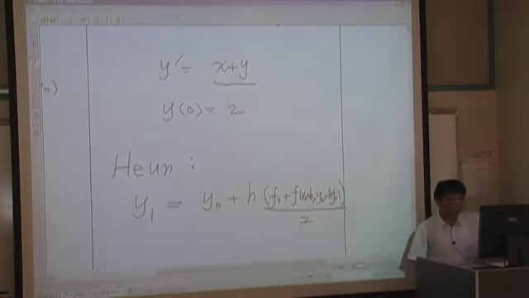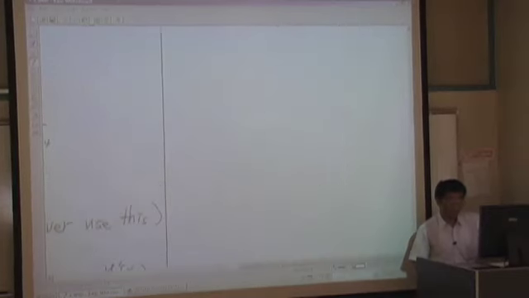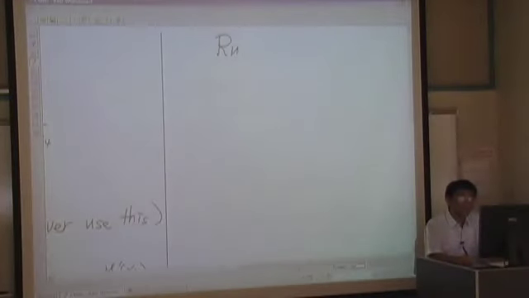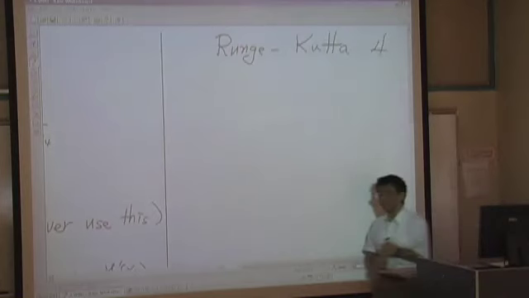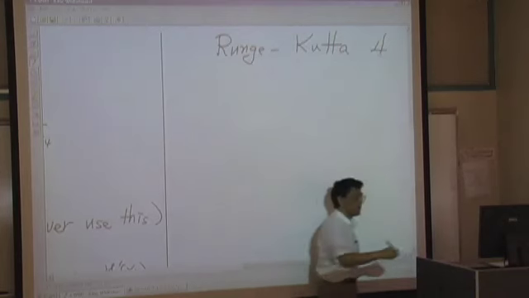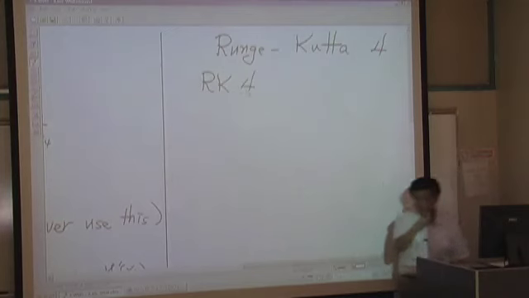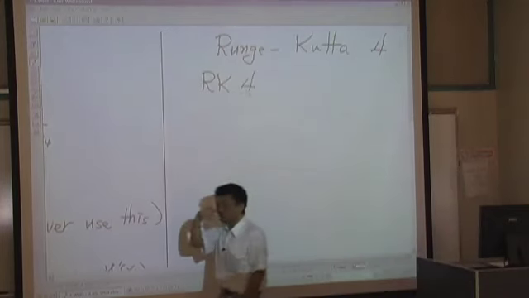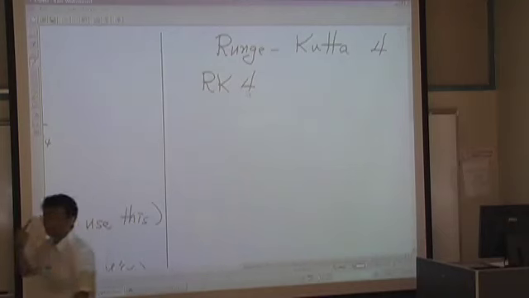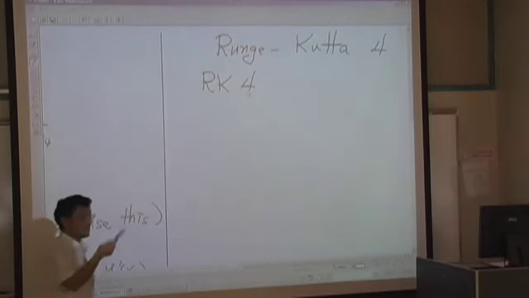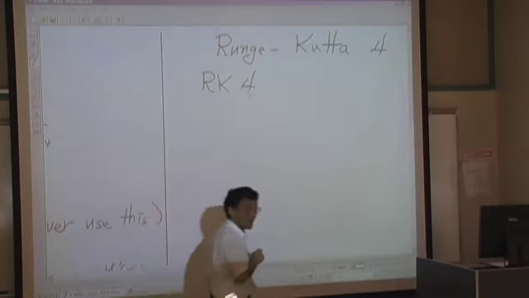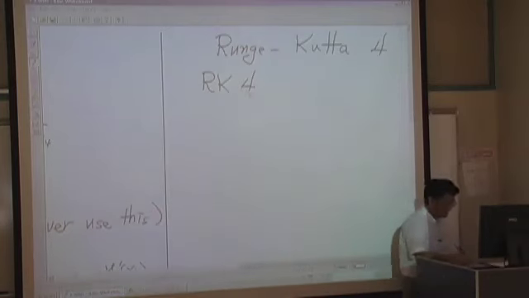After Heun did this, Runge and Kutta improved this to a fourth order method, RK4. They improved it up to fourth order, meaning when you do a Taylor series expansion, you use the first order term, second order derivative, third order derivative, fourth order, so this level has fourth order derivative accuracy. This is what they did.